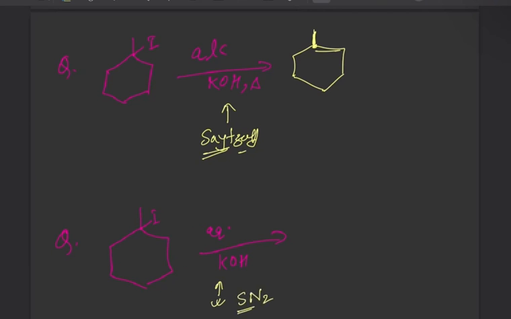Now it will be an SN2 reaction. And this time this will be replaced by OH. So you should know all cases, because KOH again is a strong base, but this time you are using aqueous KOH for giving the solvent, and this time there will be replacement by OH.